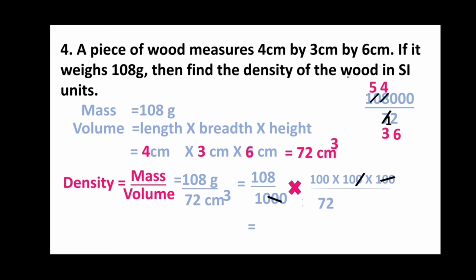Now in the numerator we can see 54 and in the denominator we can see 36. The multiplication table of 6 and 9 will go in common in numerator and denominator. Here I am choosing the multiplication table of 9. That is 9 6s are 54 and 9 4s are 36.